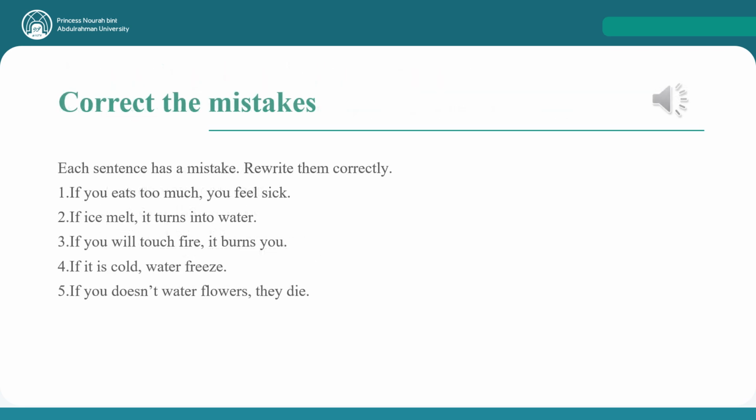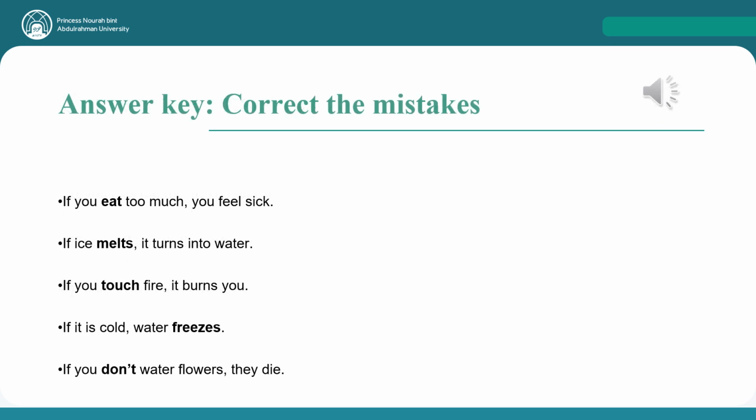You can stop this video or pause it to take your time to correct the mistakes, as each sentence here has a mistake, and you will write them correctly. Now it's time to compare your sentences with the sentences we have here in the answer key.